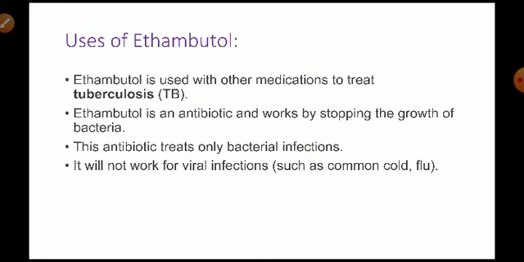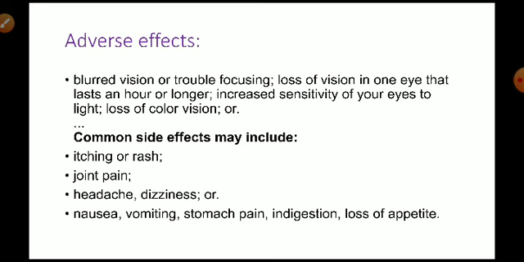Then uses of ethambutol. Uses of ethambutol are the same as that of pyrazinamide. As we have seen that pyrazinamide is used in the treatment of tuberculosis, in the same way, ethambutol is also used in the treatment of tuberculosis, but in combination therapy.